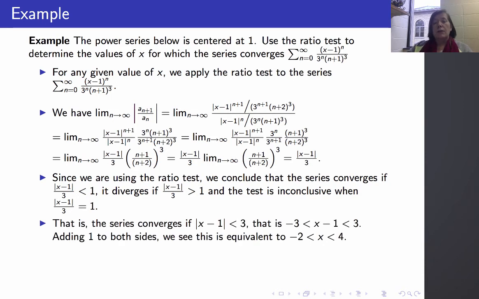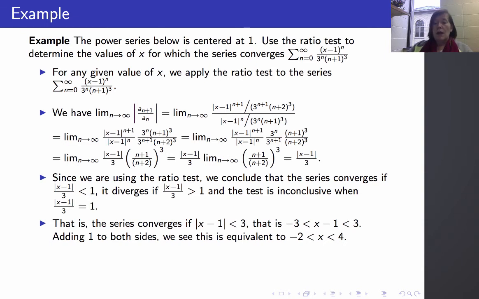So from that we can conclude that the series converges if the absolute value of x minus 1 is less than 3, and that's the same as saying that minus 3 is less than x minus 1, which is less than 3, and then adding 1 to all sides, I get that that's the same as saying that minus 2 is less than x, which is less than 4.